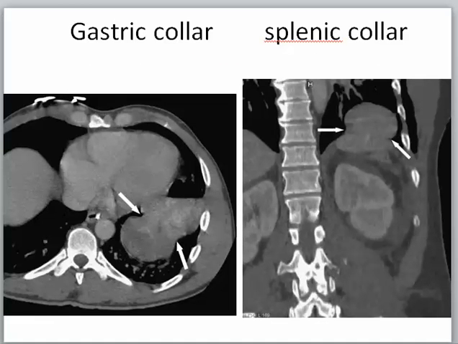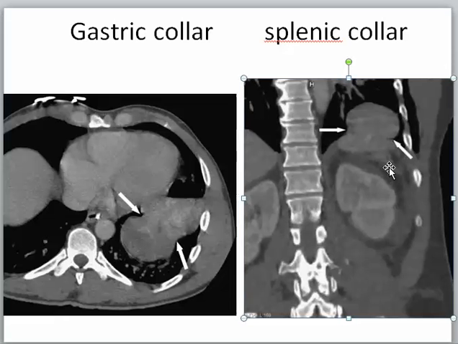Now this one shows the fundal bulge above the diaphragm, and this constriction is called the gastric collar. That means the diaphragm is interrupted in some part here, and in this one, the spleen is partly outside and partly inside the abdomen, bulging above the diaphragm.